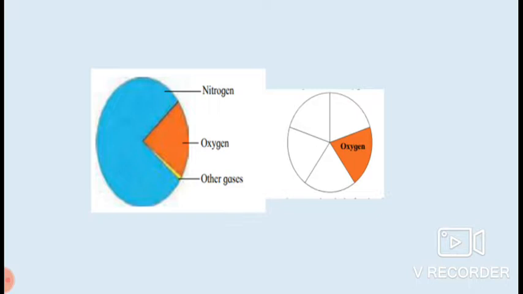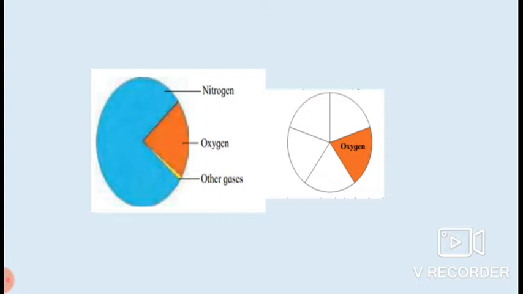Children, now we know the Earth's atmosphere is made of air. Look at the picture. What does it show? It shows all the air in the atmosphere. If we divide the circle into 5 equal parts, then the oxygen in the air will be equal to one of the parts.